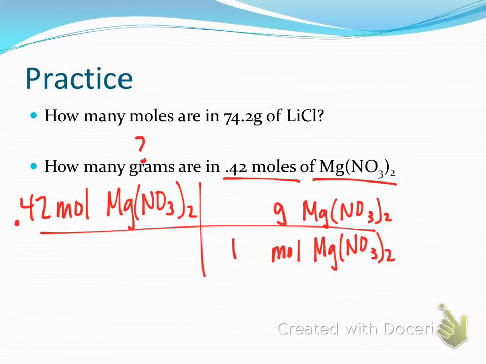The 1. It always gets the 1. And what number goes right here with grams? The molar mass. This should always be the molar mass that goes with grams, because we're telling how many grams are in 1 mole of that substance. And that, in and of itself, is the molar mass.